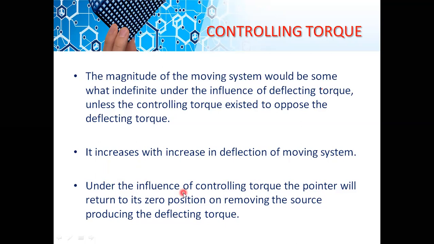Under the influence of the controlling torque, the pointer will return to its zero position on removing the source producing the deflecting torque. As we have seen here, this is the moving system.